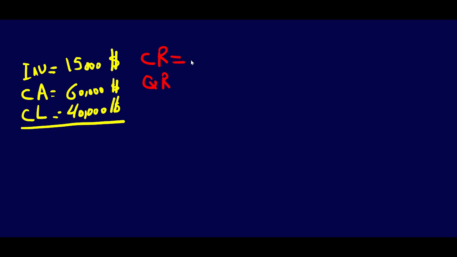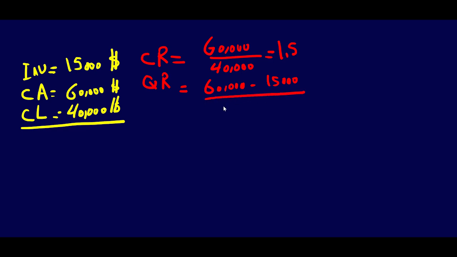The current ratio equals current assets divided by current liabilities, in this case equal to 1.5, while quick ratio equals 60,000 minus 15,000, divided by 40,000, equal to 1.125.